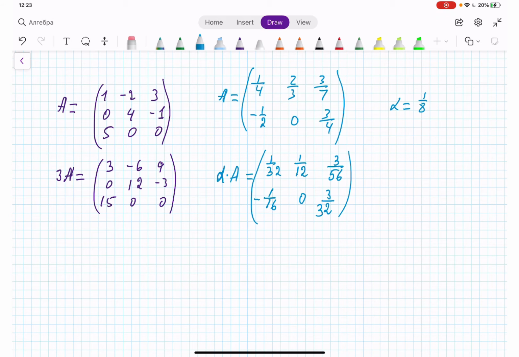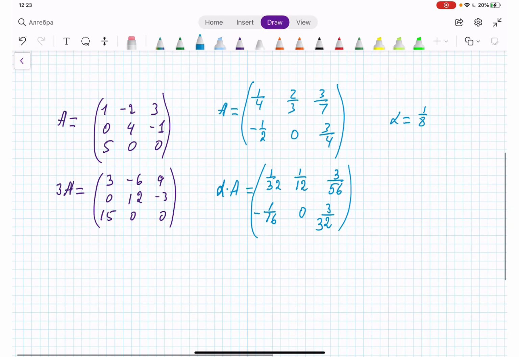Okay. Next, let me write this down. I'll put it here and change the color so we can see what alpha means.